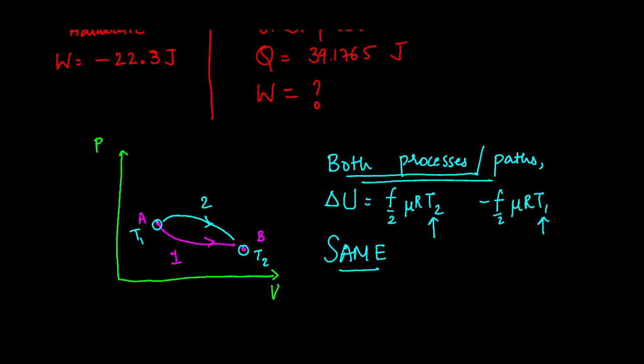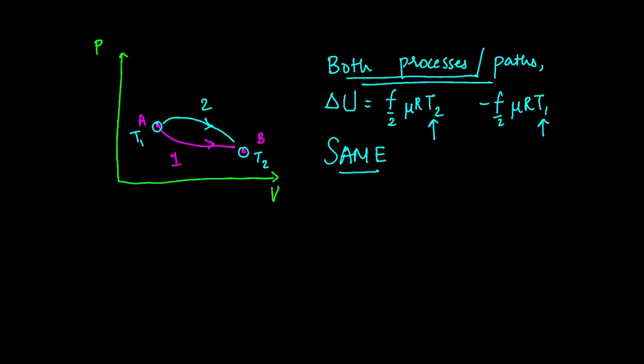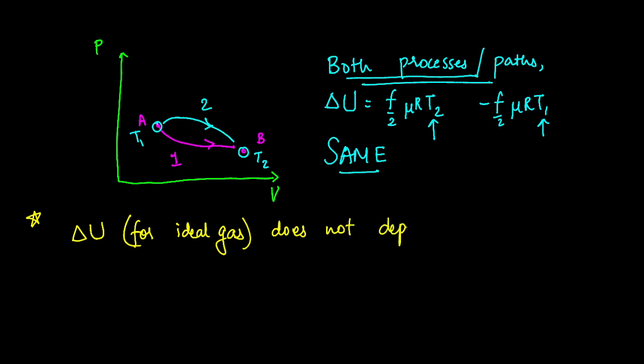Right? So now write it down quickly, before you forget. Important point: delta U for ideal gas does not depend on path or process.